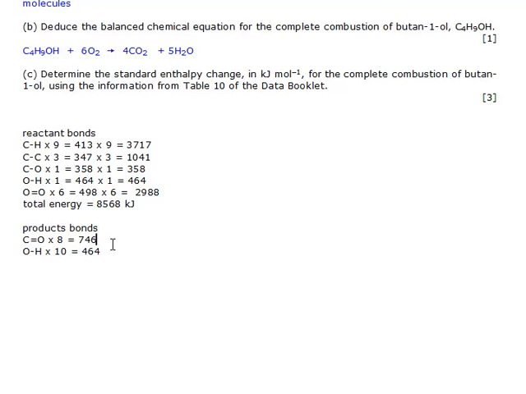Alright, so it's 746 times 8, and 464 times 10, we can see that's going to be 4640. So we just have to multiply out 746 times 8, that comes to 5968, and the total energy change here can be added up as well.